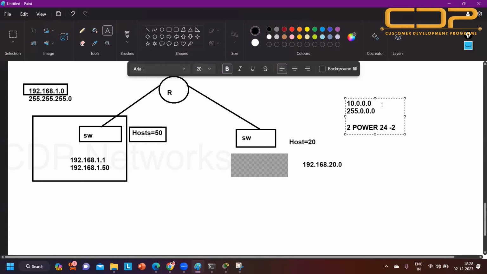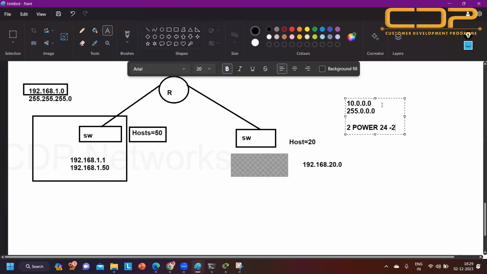But if you need to design a small network, say you need only 20 IP addresses, then you need to divide the network into smaller parts.